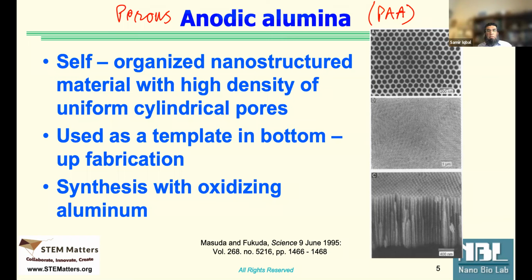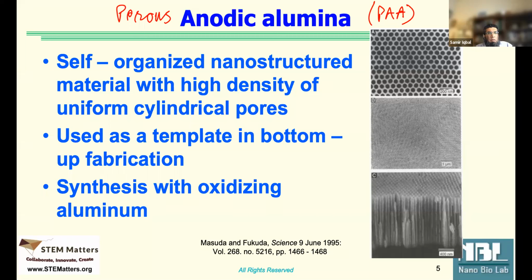What happens is that during the process of oxidation, it creates a very well organized structure, which is like a honeycomb structure. You know, like the honeybees, they make this structure with a well ordered pattern. So this formation of anodic alumina gives us a highly organized 3D structure with 2D hexagonal pores in it.